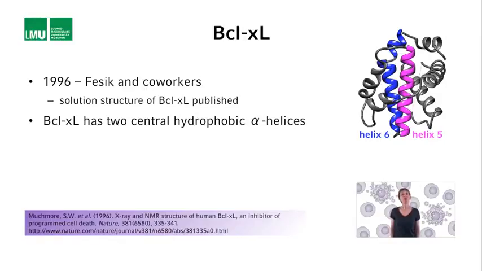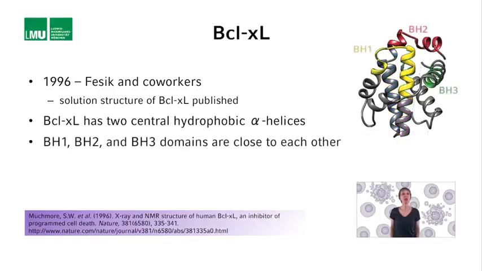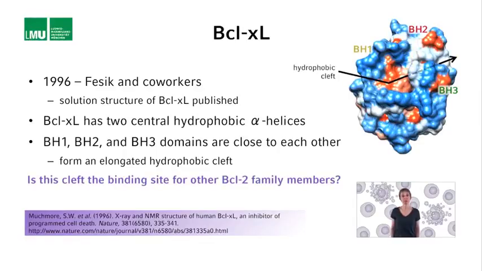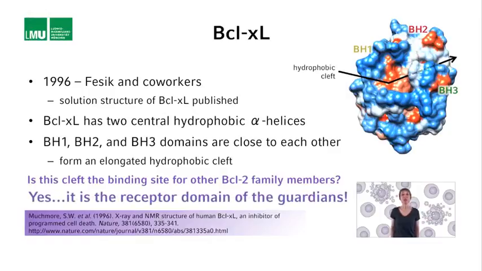Furthermore, they found that the BH1, BH2, and BH3 domains are close to each other in the structure and that they form an elongated hydrophobic cleft. This cleft, they speculated, might represent the binding site for other BCL2 family members. And this turned out to be the case. This cleft is the receptor domain of the guardians, through which the guardians interact with the sensors.